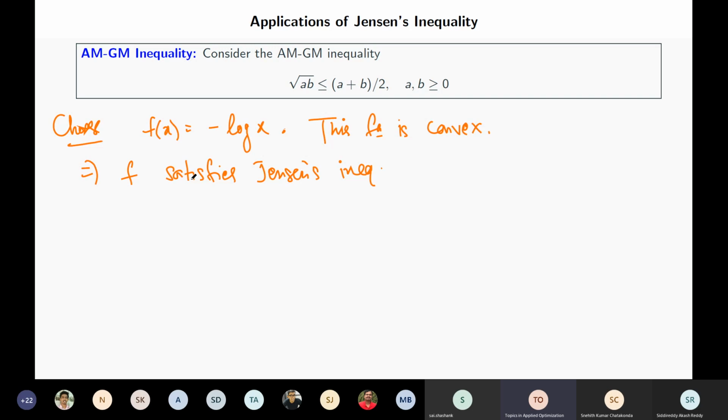So with theta equals to half, we choose theta equals to half. It is our choice.